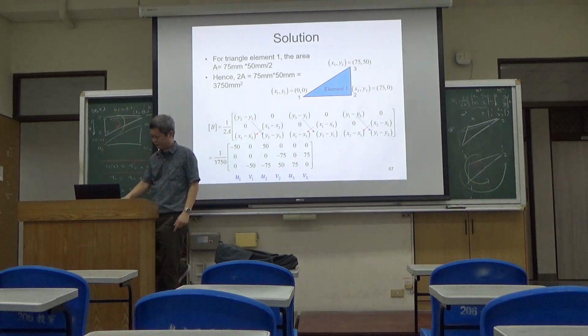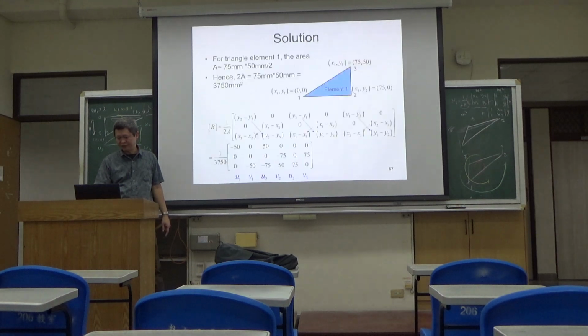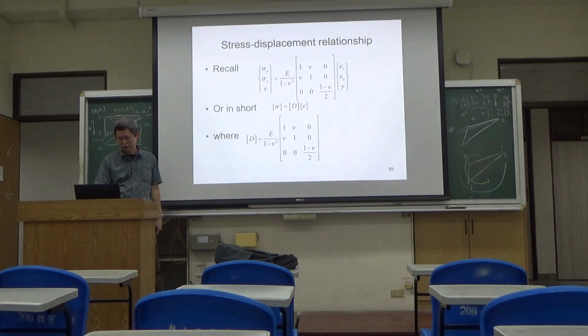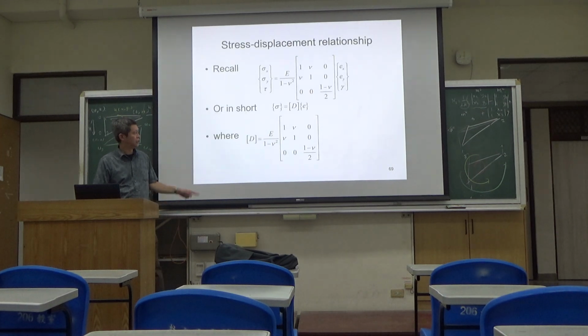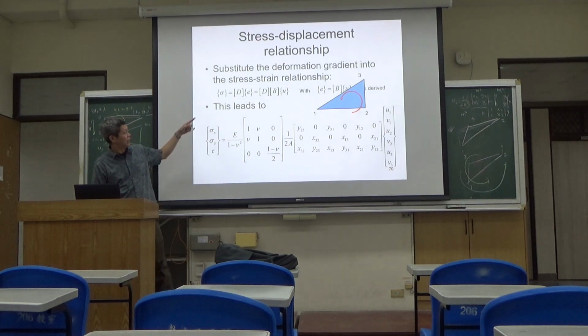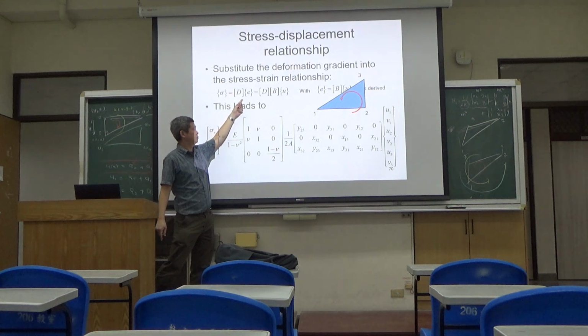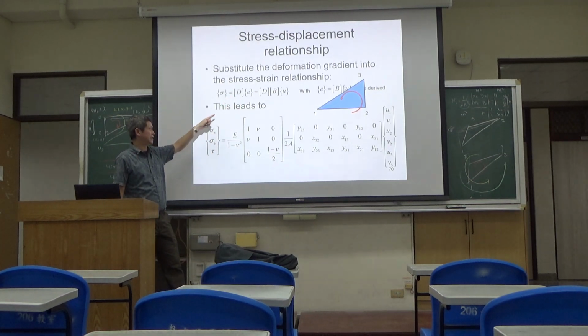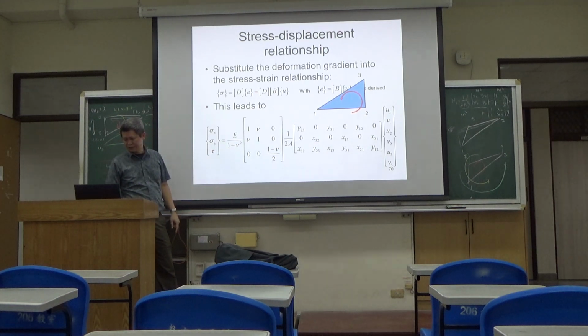Okay, and then next, how do you find this B matrix for element 2? Okay, you can do the same. Okay, and then next, what you have next is the strain. Okay, stress. Okay. Stress is related to the strain by this multiplication of D. D, as we obtain here, is something like that. Yeah, you're going to do the exercise.